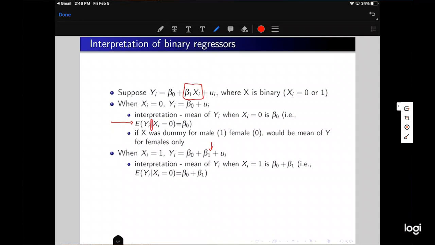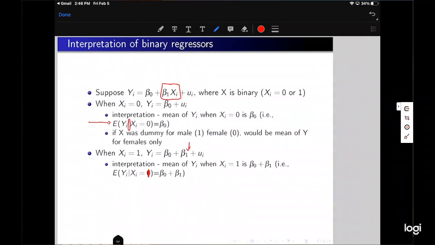The interpretation is that now we're talking about the mean of y_i when x_i equals 1, which is beta 0 plus beta 1. In other words, the expected value of y_i conditional on x_i equals 1 equals beta 0 plus beta 1.